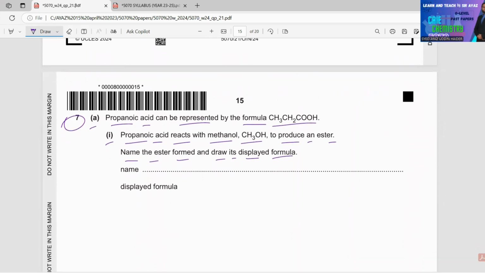Now for the name, recall the alkyl group will be coming from the alcohol. So here we are having methanol. So we'll get methyl from methanol and alkanoate from the carboxylic acid, which is propanoic acid here. So we'll get propanoate.